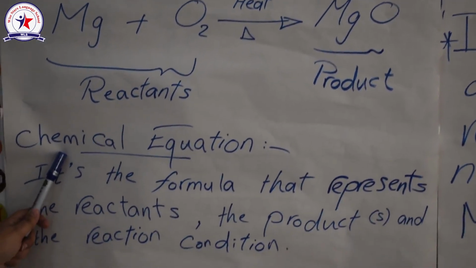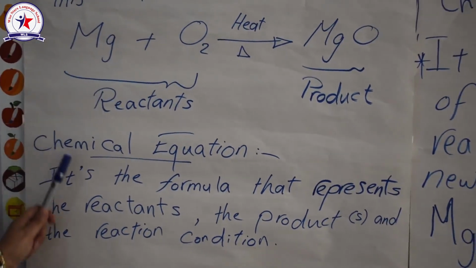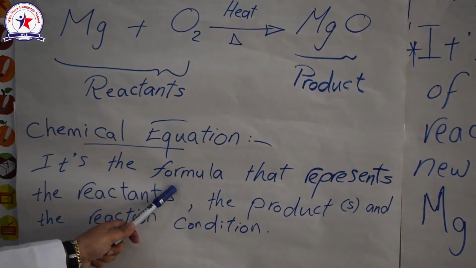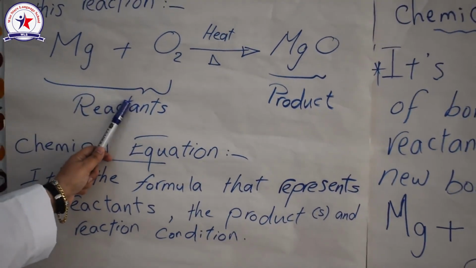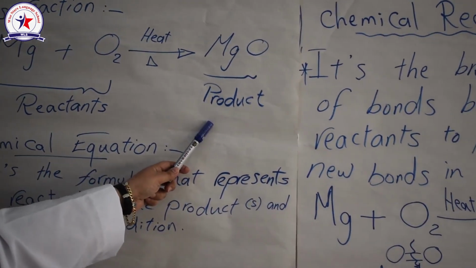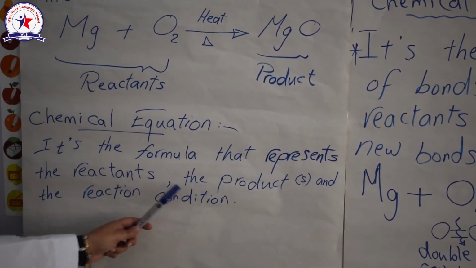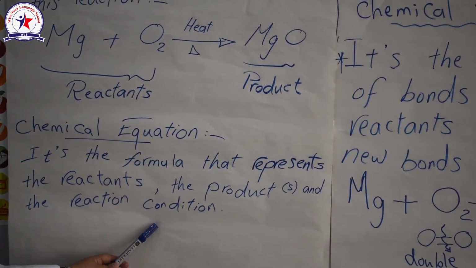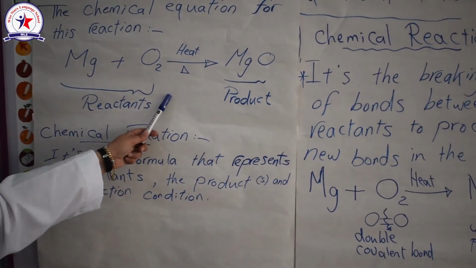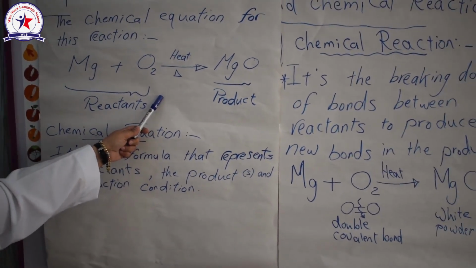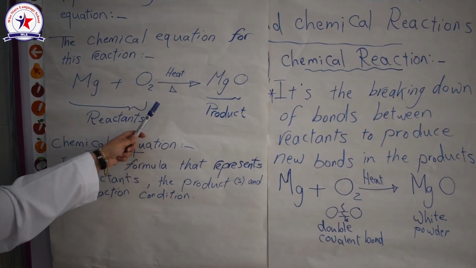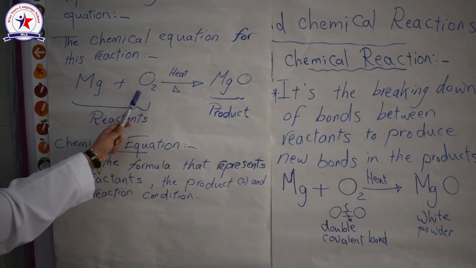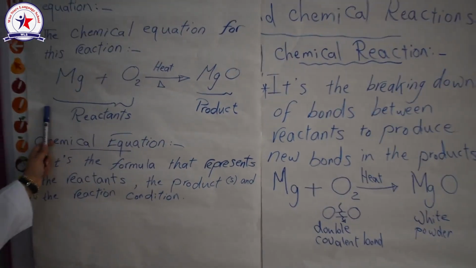What's meant by chemical equation? The chemical equation is the formula that represents reactants, product, or maybe more than one product, and the reaction condition. In this equation, the reaction condition is the heat, which is very important. Without heat, there will be no reaction between magnesium and oxygen.